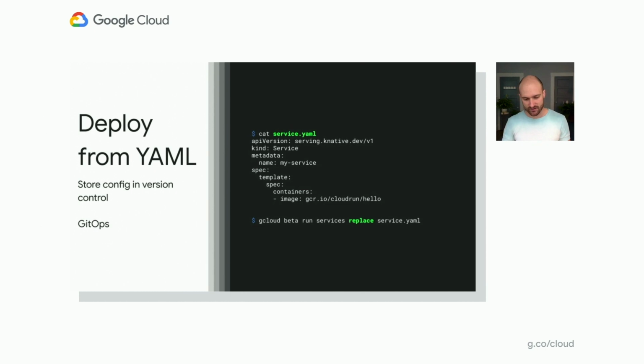With that, you can achieve what some people call GitOps, which is you use Git as your source of truth when it comes to your resource configuration. We've added a new command to gcloud called gcloud run services replace, and that takes a YAML file of your service.